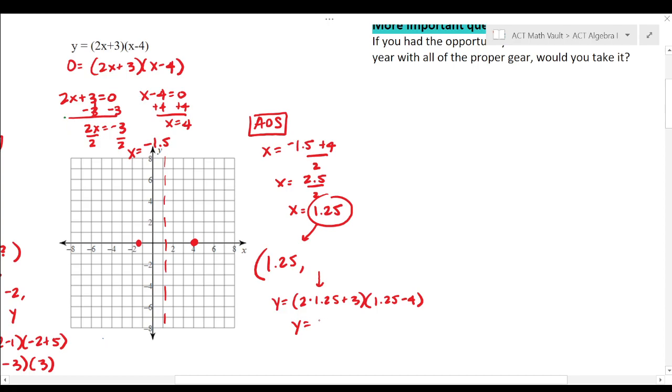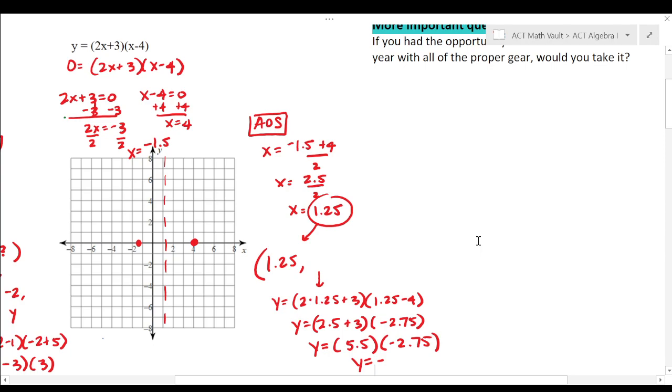So y equals, this will be 2.5 plus 3, and this is -2.75. Okay, so y equals 5.5 times -2.75, that's negative. And this is where we want to check with our calculator.